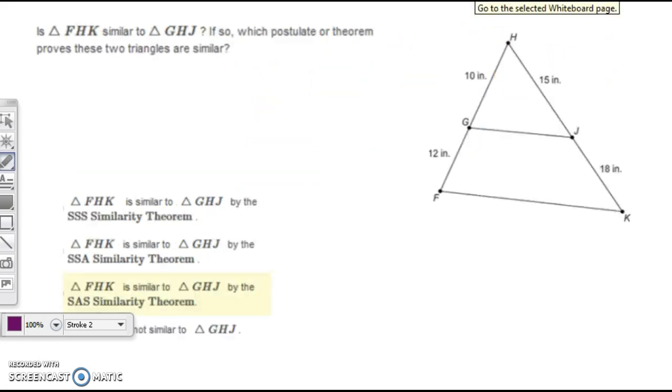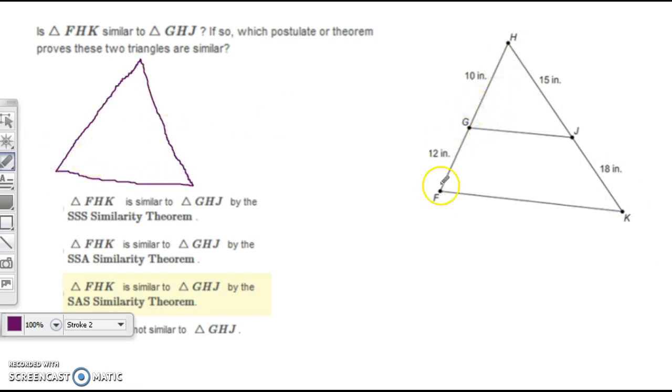All right, and then the last one, is triangle FHK similar to GHI? And if so, which postulate or theorem proves these two triangles are similar? All right, so it helps to kind of split these apart. FHK is this giant triangle. So I'm going to draw that big triangle. And I'm going to go ahead and fill in what I know.